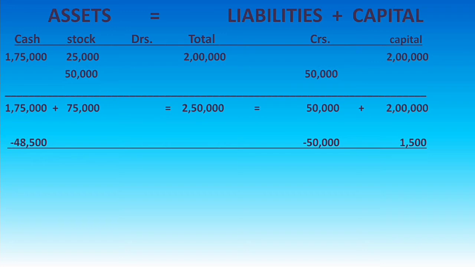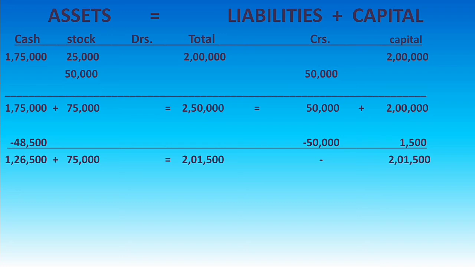Then we can deduct 50,000 from creditors, then minus 50,000 in the creditors column. Now the balance is 1,26,500 cash, 75,000 stock, then total of assets 2,01,500. Creditors nil balance and capital 2,01,500.